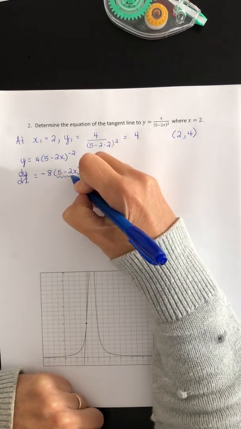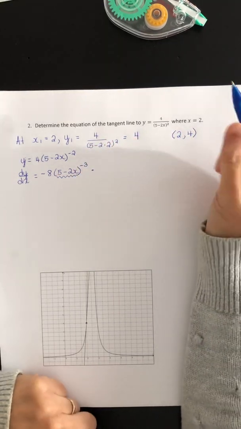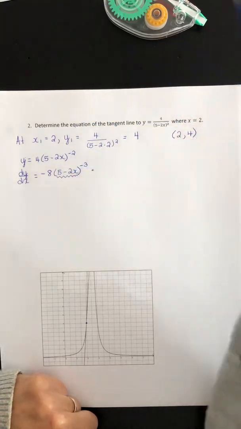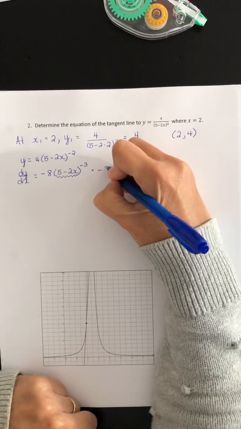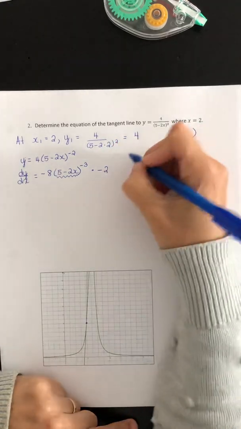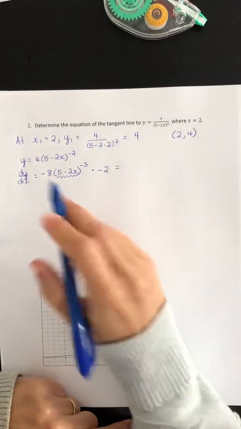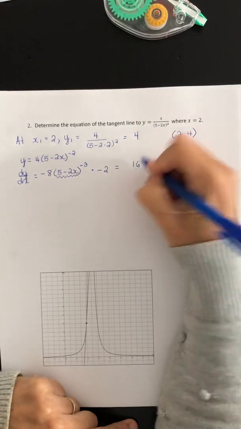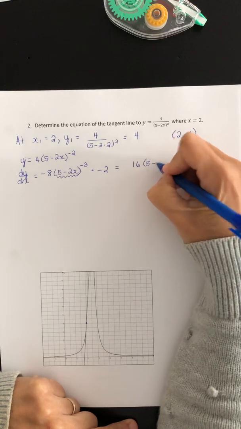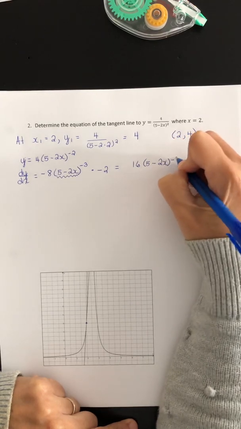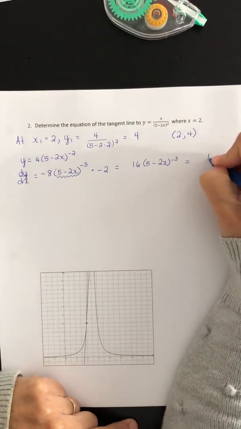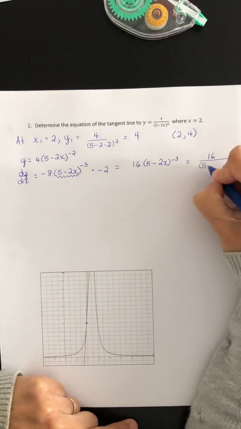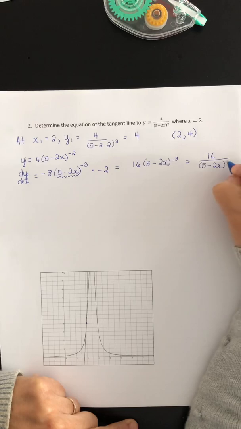What is the derivative of 5 minus 2x? Well, it is 0 minus 2. In other words, it's negative 2. So rewriting this now, negative 8 times negative 2 is 16. So we have 16 times (5 minus 2x) to the negative 3, or 16 over (5 minus 2x) all cubed.